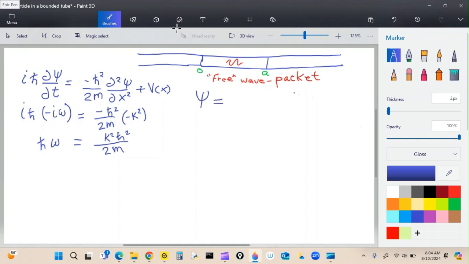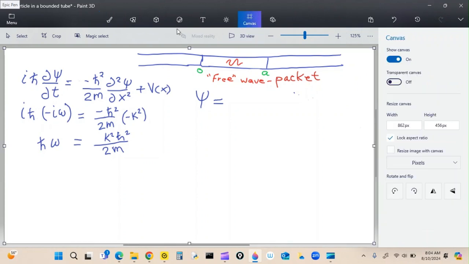I'm going to make a guess, and that guess is based on a couple things. The psi function has to be zero here. Has to be zero when we're at this zero boundary. Let me get the pointer so you can figure out what I'm doing here.